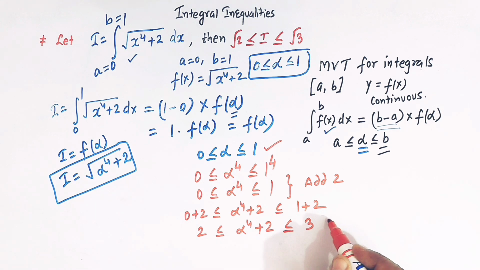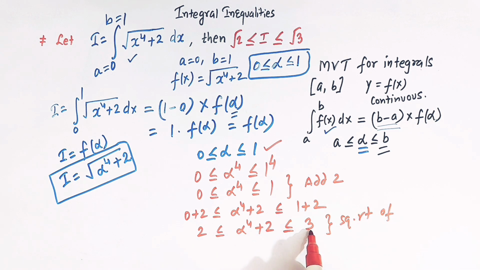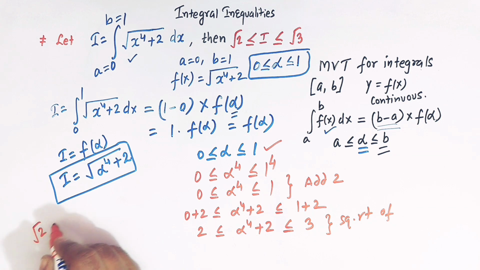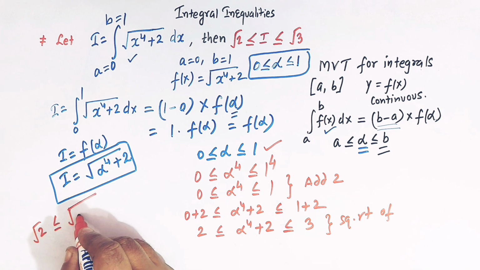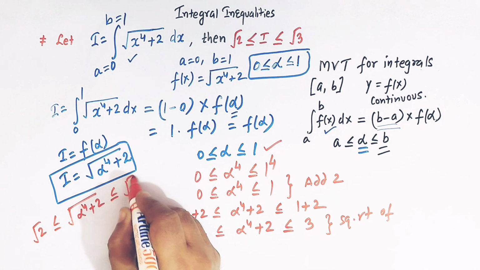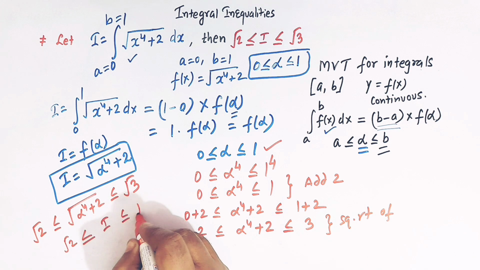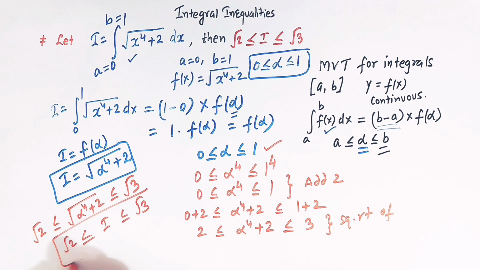Now here we have square root of alpha raised to 4 plus 2. So let us take the square root of all these three numbers, right? So we have square root of 2, square root of alpha raised to 4 plus 2, and here we have square root of 3, right? Now square root of alpha raised to 4 plus 2 is I, so we have square root of 2 less than or equal to I, less than or equal to square root of 3, and this is our desired inequality.